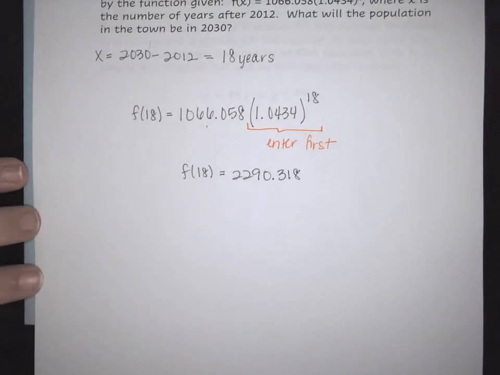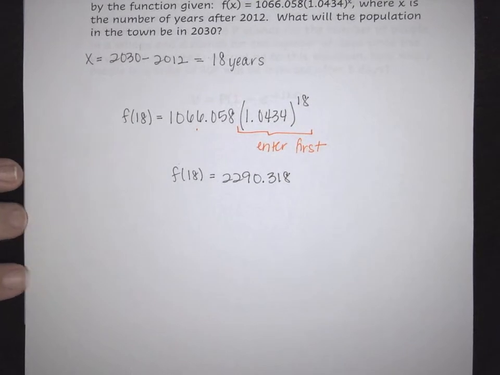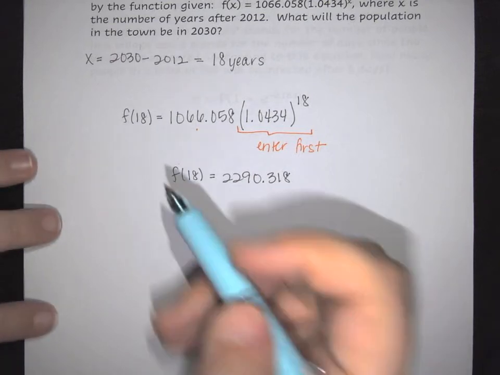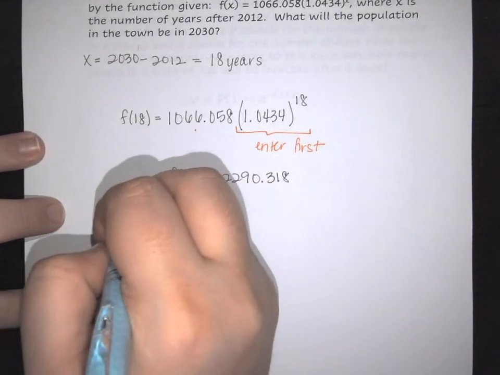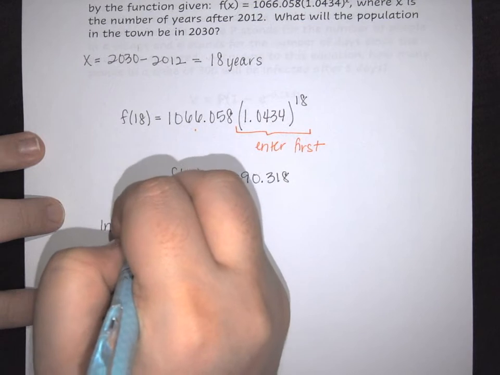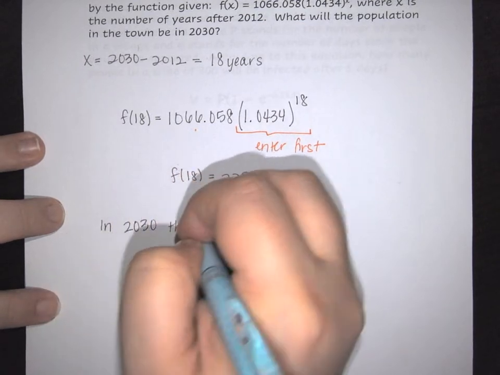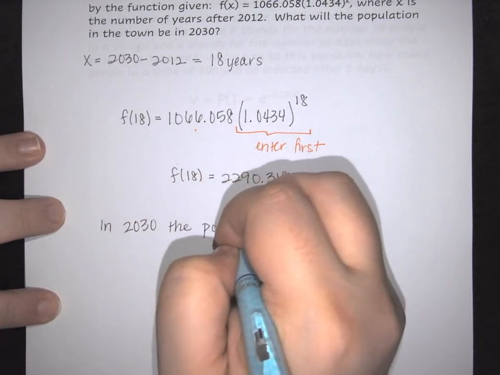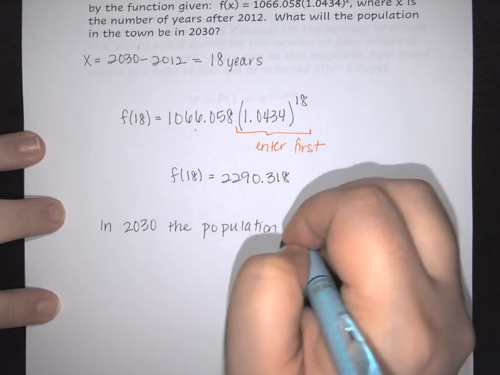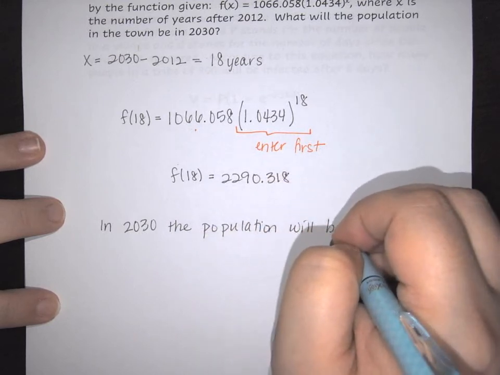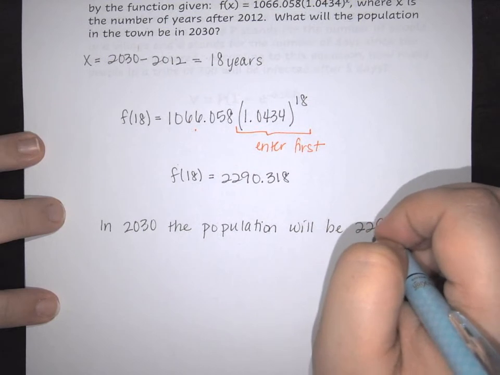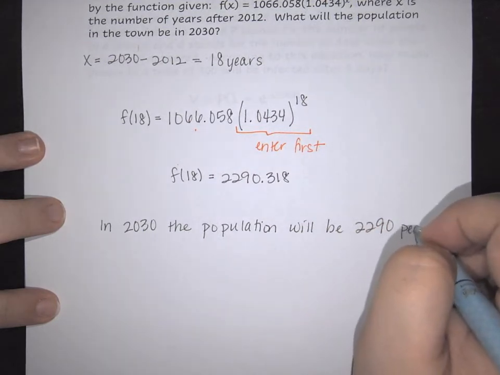Now sometimes with these problems you have to use a little bit of common sense. Common sense would tell you that you can't have part of a person. So instead what we would say here is that in the year 2030 the population will be 2,290 people.